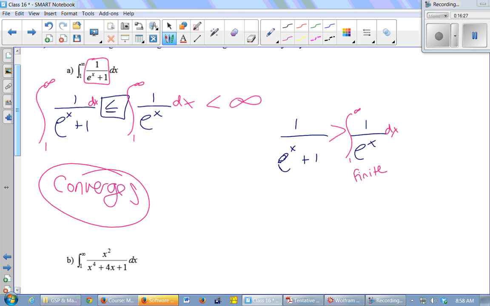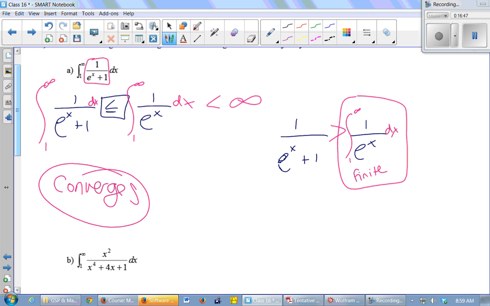No, why not, Ashley? It could be either still, right? You can always get another number that's bigger, right? Just because I know that this is a finite number, like let's say I know that this is 10, this guy could either be 12 or it could be infinite. Either one is bigger.